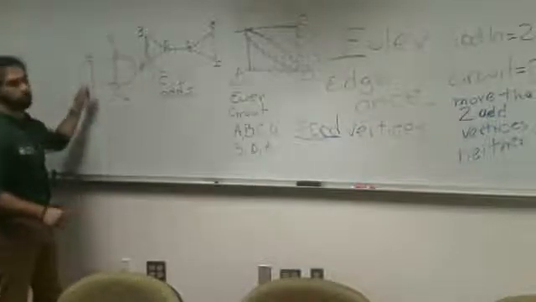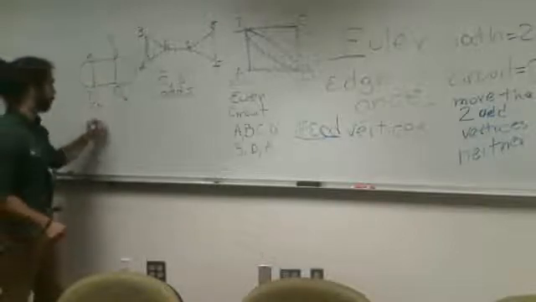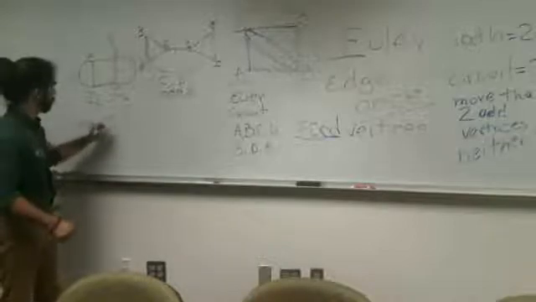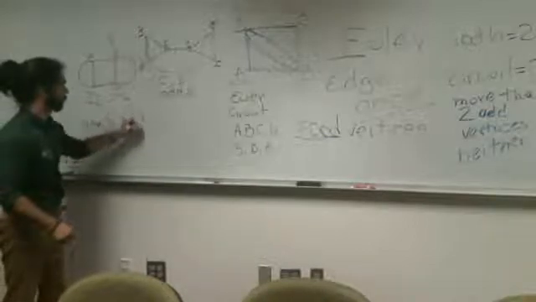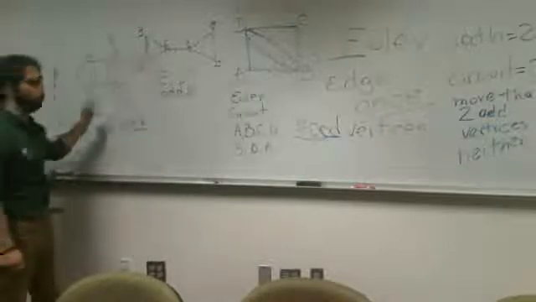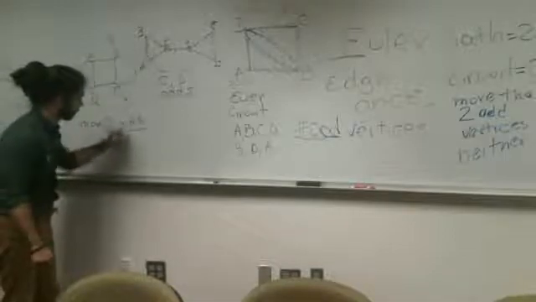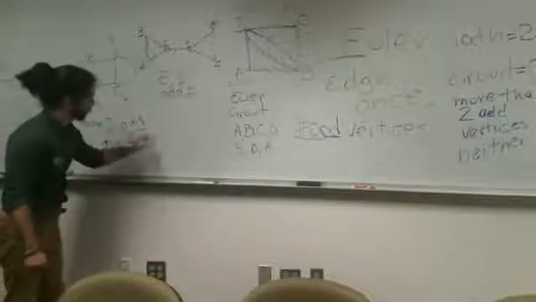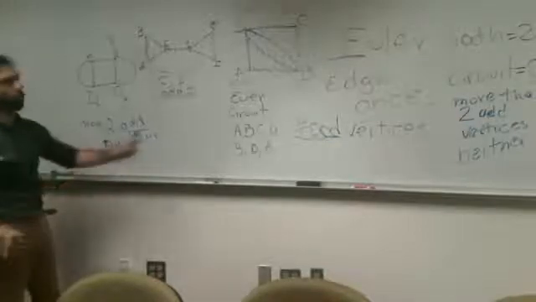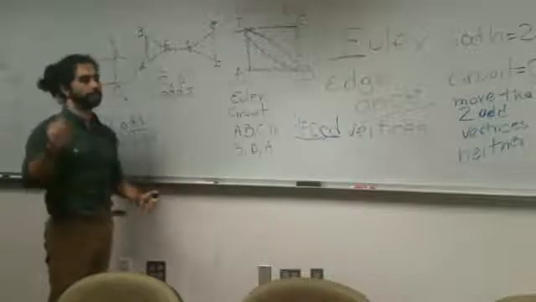And D has 1, 2, 3. All of them are odd. We have more than 2 odd vertices. We cannot do an Euler path or an Euler circuit on this one. And with that, this section concludes.